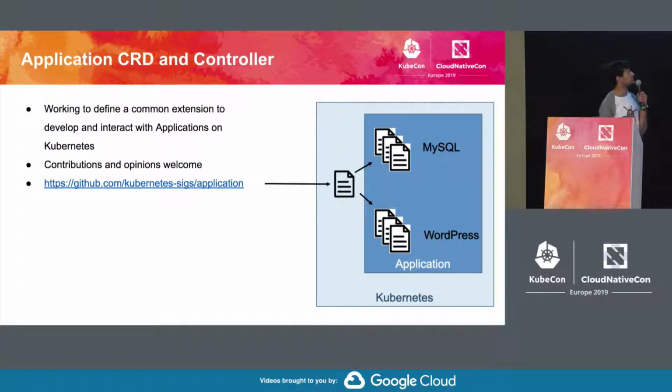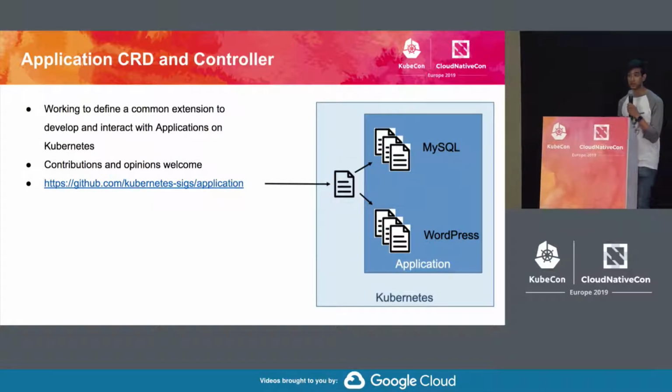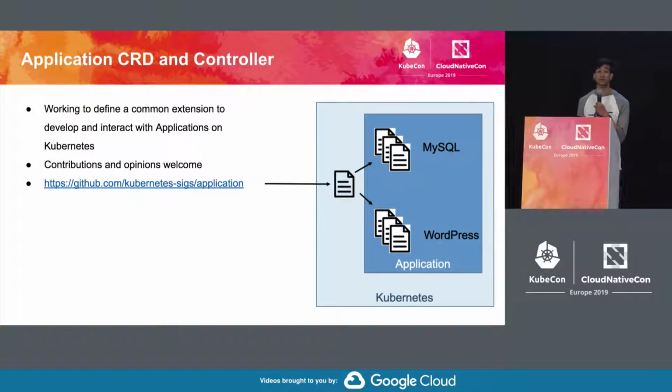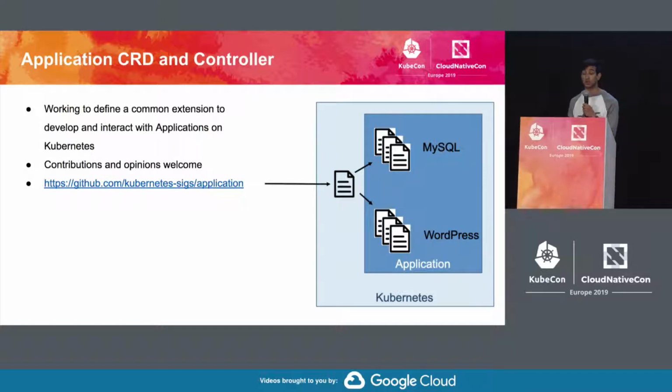And then the application CRD and controller is a new project that we've been working on. The idea here is to basically define a common interface for applications on a Kubernetes cluster. So typically an application on a Kubernetes cluster isn't just one deployment. It could be a deployment, a config map, several other resources.